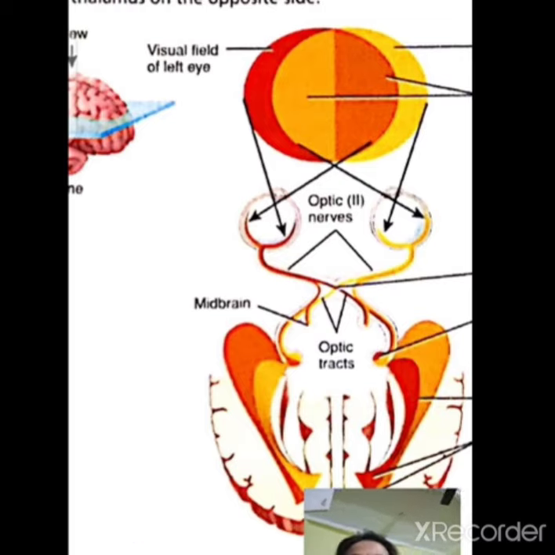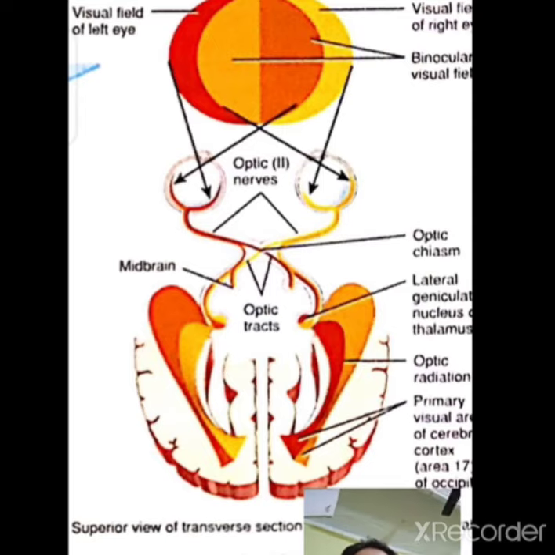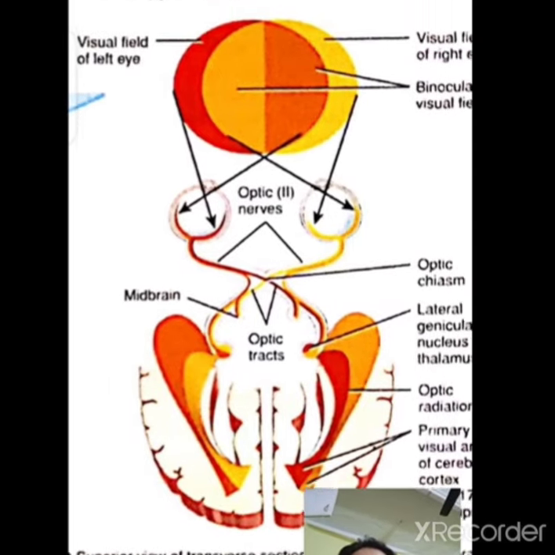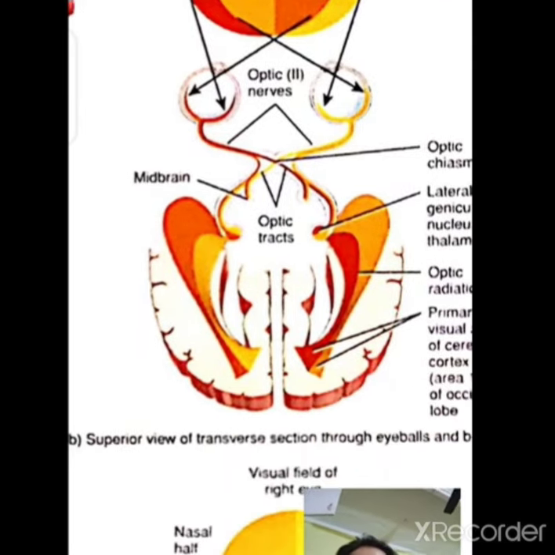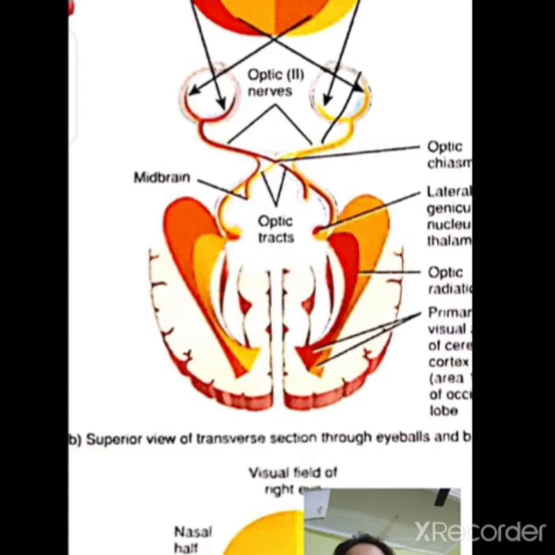And the other thing is the optic chiasma. Then there are optic nerves which are taken from both the eyes to the optic chiasma. This is the right and left eye visual field.